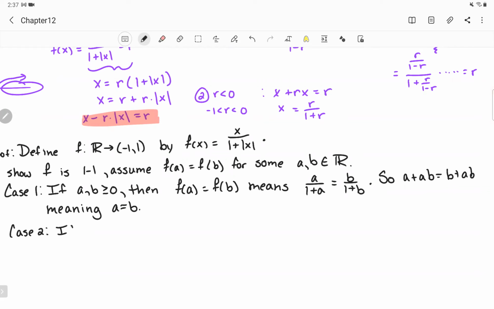Case 2, if a and b are less than 0, then f of a equal to f of b gives a over 1 minus a equals b over 1 minus b.